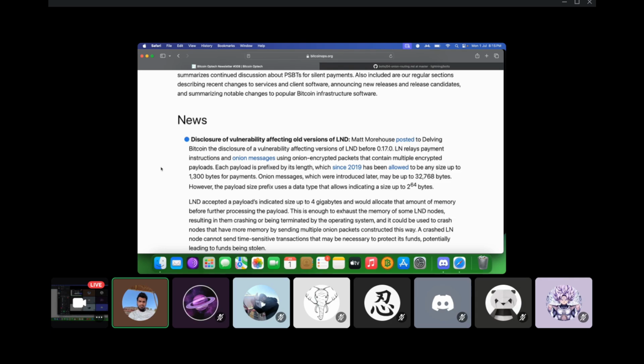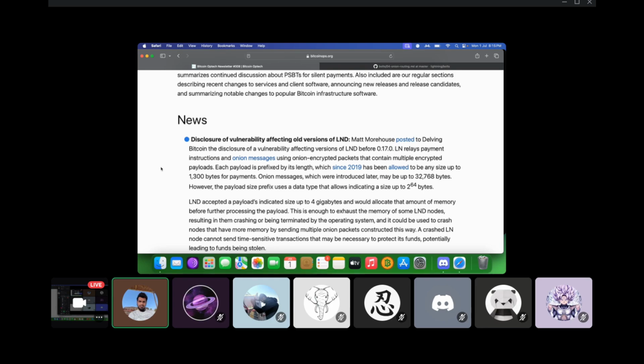The overview is that it's a layer 2 solution which enables Bitcoin to scale, which enables people to make minuscule day-to-day Bitcoin payments at a very low cost, which is not possible on the mainnet. So that's what the Lightning Network is. It is one of the various scaling solutions, layer 2 solutions for Bitcoin, and the most popular one today is the Lightning Network.